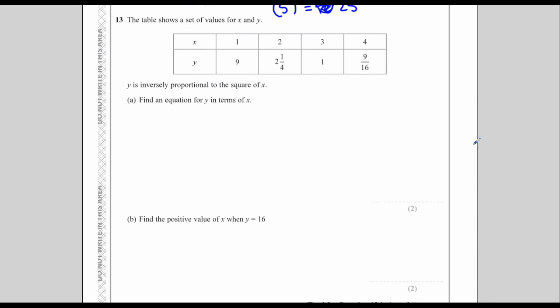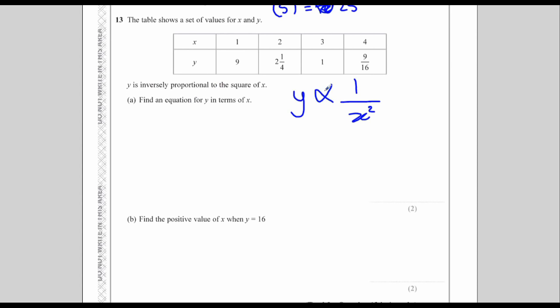Question 13. The table shows a set of values for x and y. Y is inversely proportional to the square of x. We can write that like this. Proportional to 1 over it. Find an equation for y in terms of x.